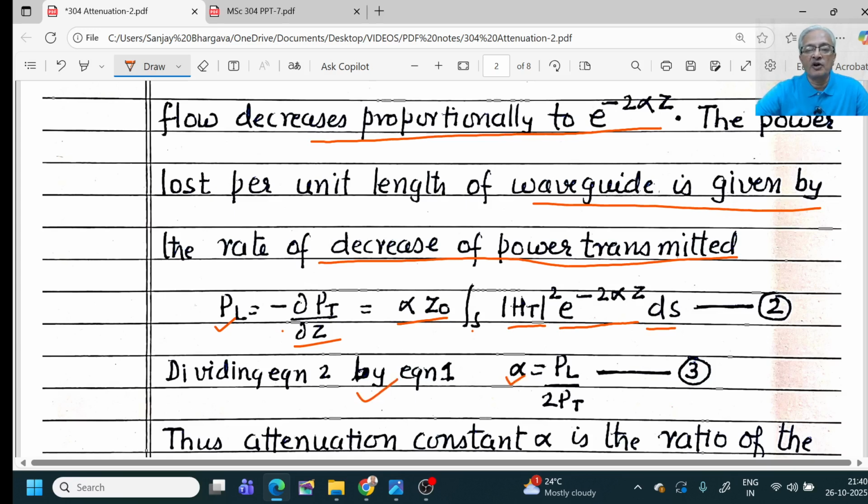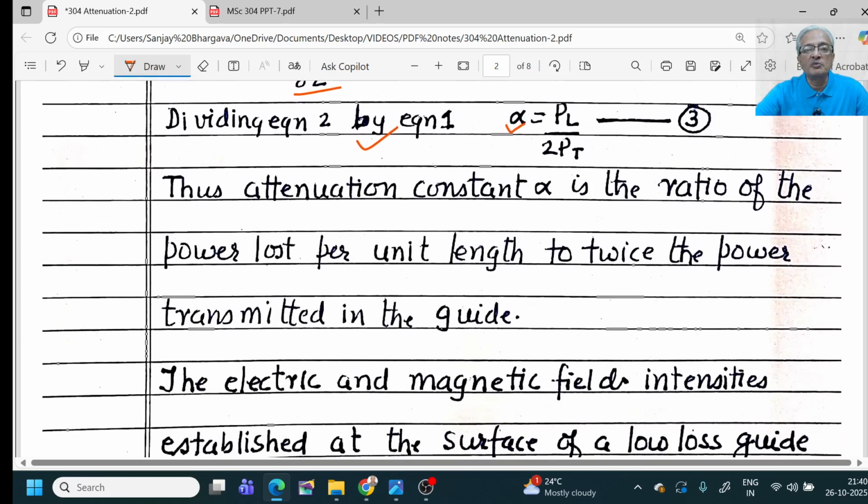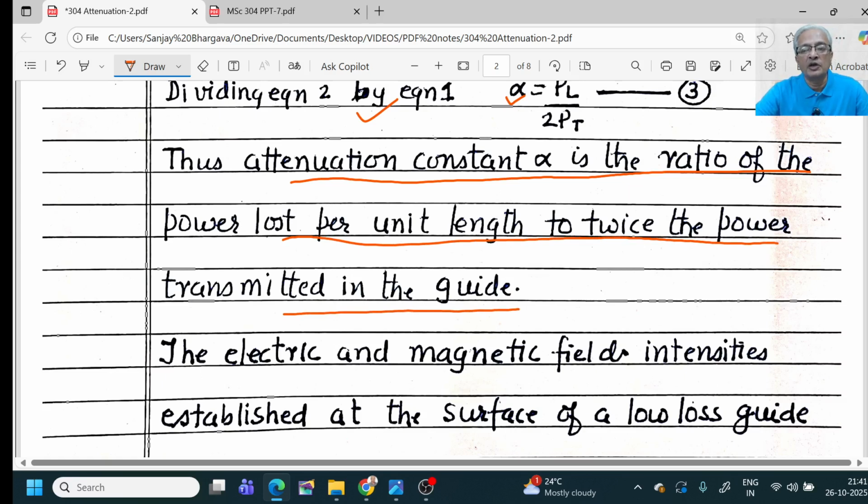Attenuation constant alpha would be equal to PL upon 2 PT. So from equation number 3, we are in a position to define the attenuation constant. Thus, attenuation constant alpha is the ratio of power lost per unit length to twice the power transmitted in the guide.